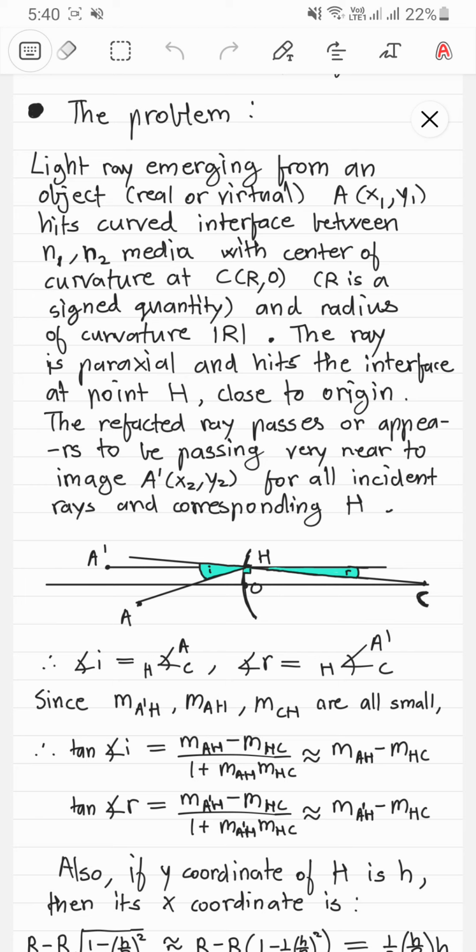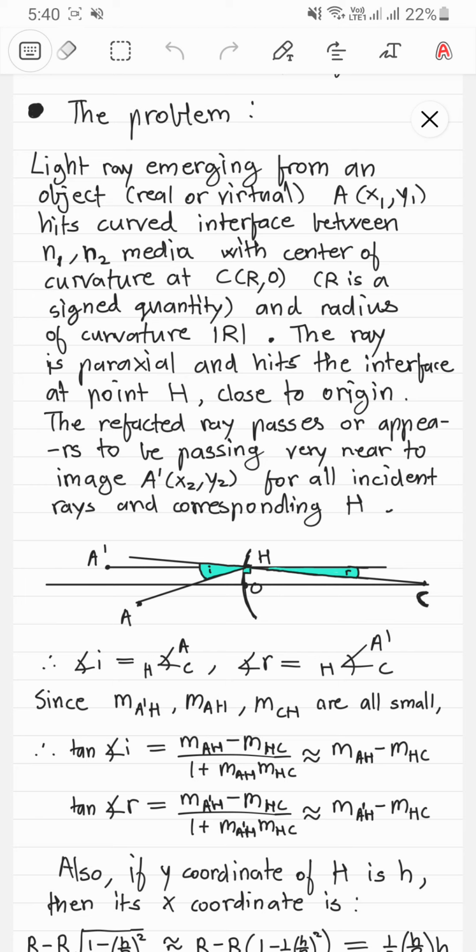The problem is you have an object which is emitting rays, and those rays are paraxial, they are hitting some surface and refracting, and those refracted rays either appear to come from or are actually coming from another point A dash, right?